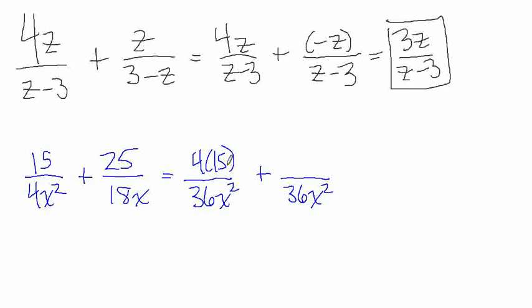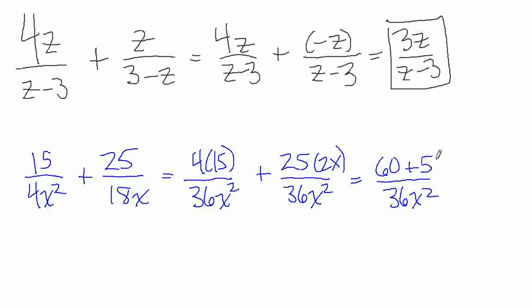I had to multiply the denominator by 2x, so I have to multiply the numerator by 2x. As you can see, that was all worth it because now we can really combine the fractions. The bottom stays the same. The top: 4 times 15 is 60 plus 50x. That's as far as we could go.